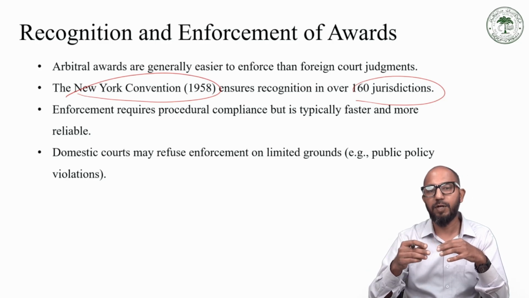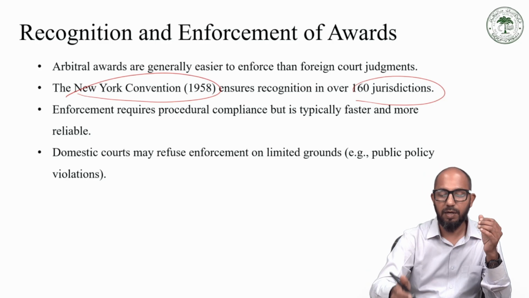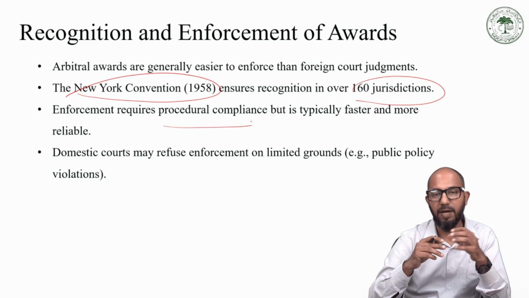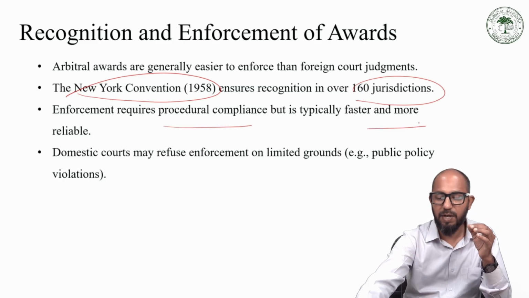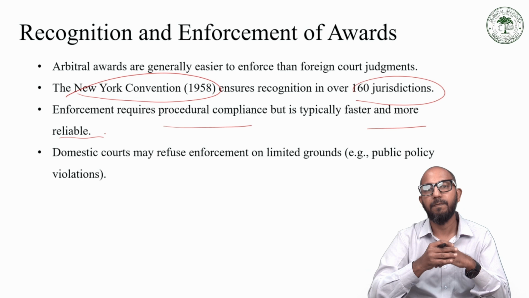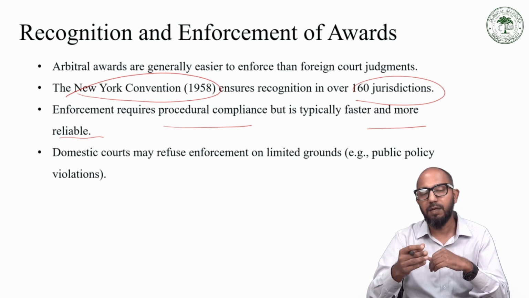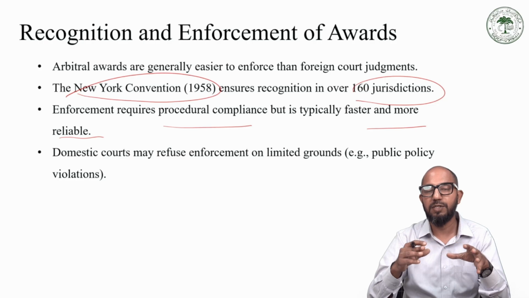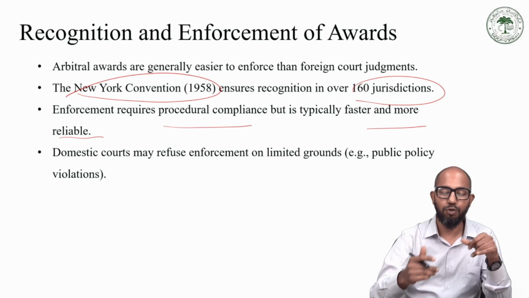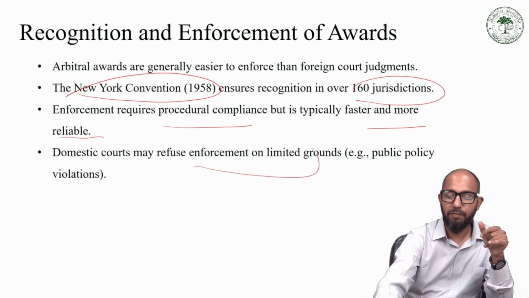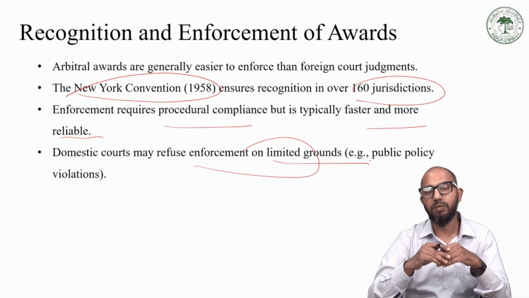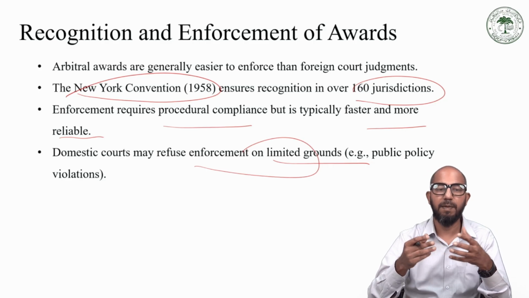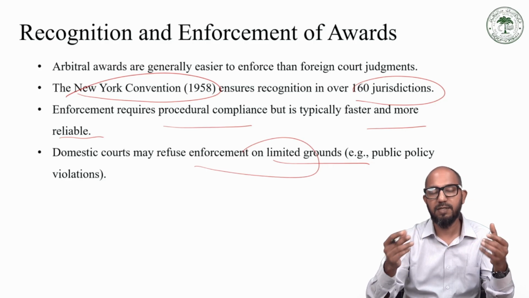Also, enforcement under such conventions requires procedural compliance but is typically faster and more reliable. If we compare, the limitation with domestic courts may hamper an easy solution because domestic courts may refuse enforcement on limited grounds, for example, public policy violations, etc.